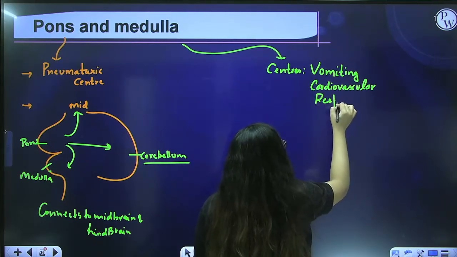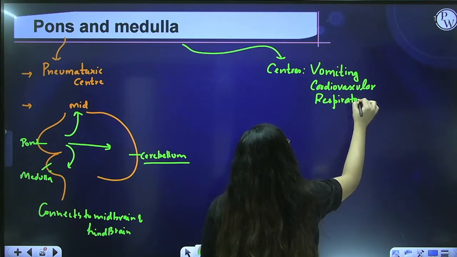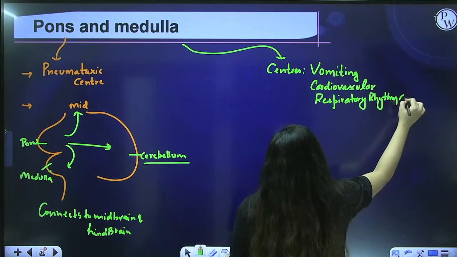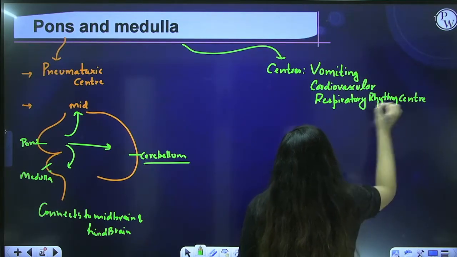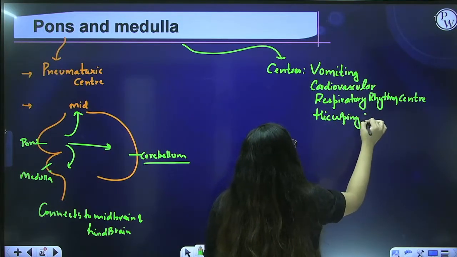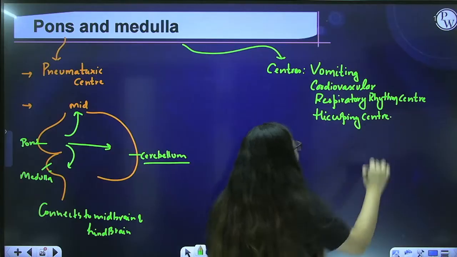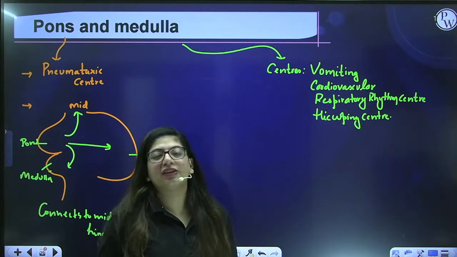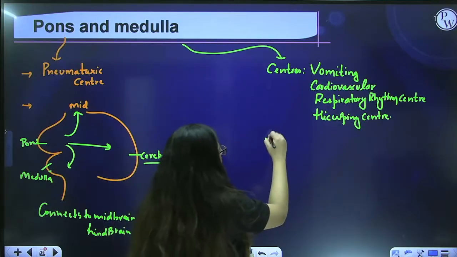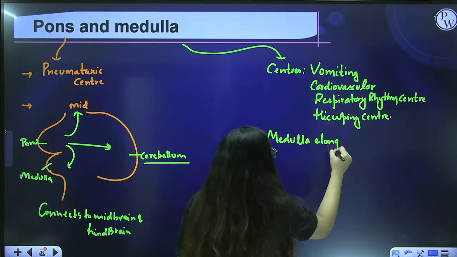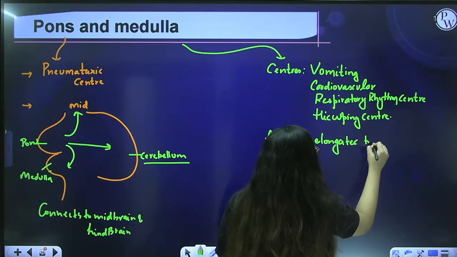Here we have the respiratory rhythm center. All right, we also have the hiccuping center here. So all these centers are present in the medulla, and the medulla elongates to form the spinal cord.